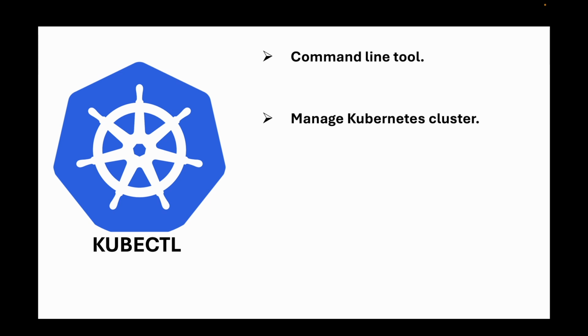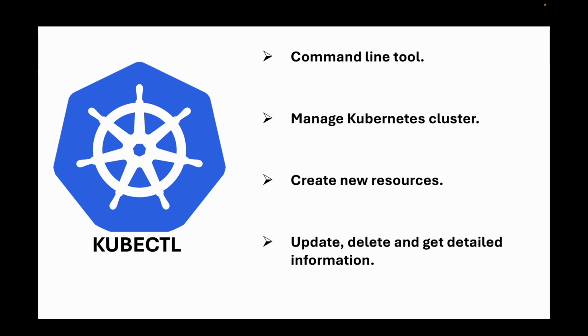So by using this tool, we can create new resources within the cluster. So resources can be your pods, your deployments, updating the resources, deleting the resources, getting the information about the resources that are running within the cluster. All those things can be done by making use of your kubectl.